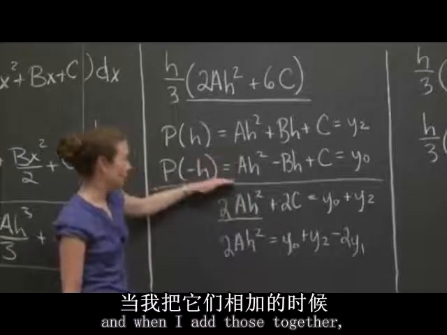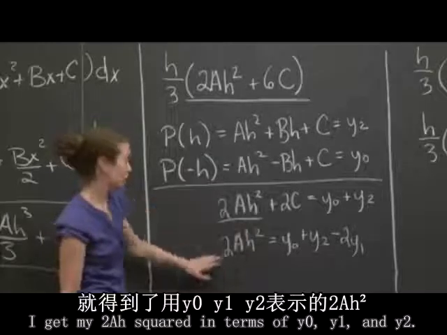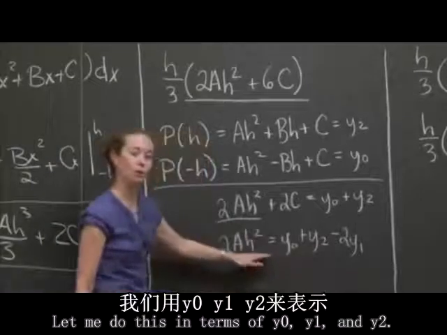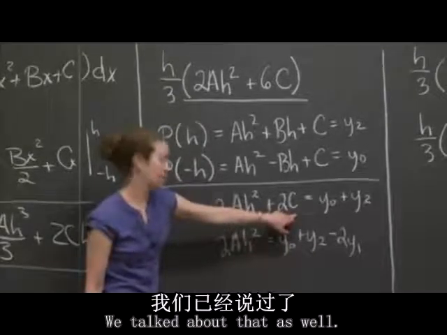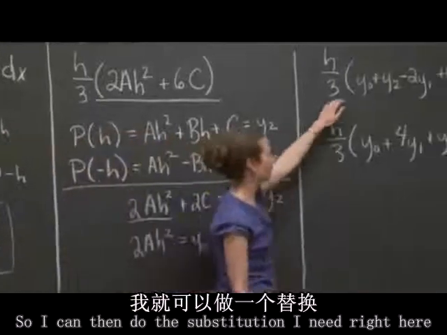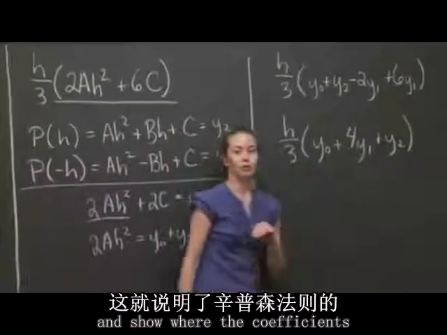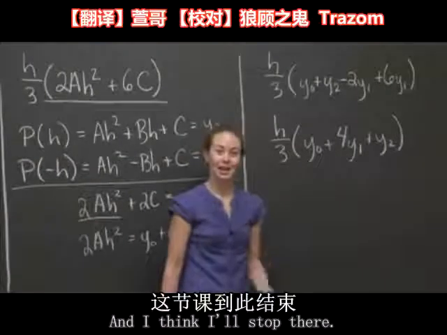And when I add those together, I get my 2ah squared in terms of y0, y1, and y2. Because I also knew c was y1. We talked about that as well. c had to be y1. So I can then do the substitution I need right here and show where the coefficients in Simpson's rule come from. So hopefully that was informative for you, and I think I'll stop there.